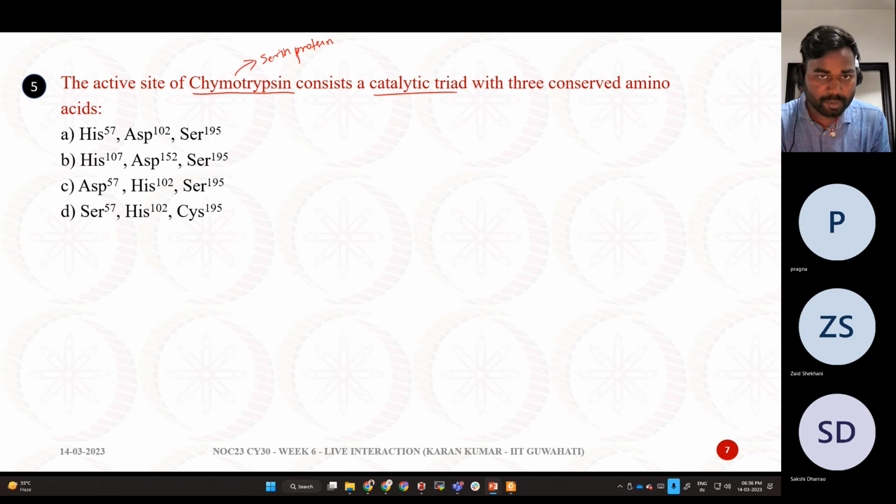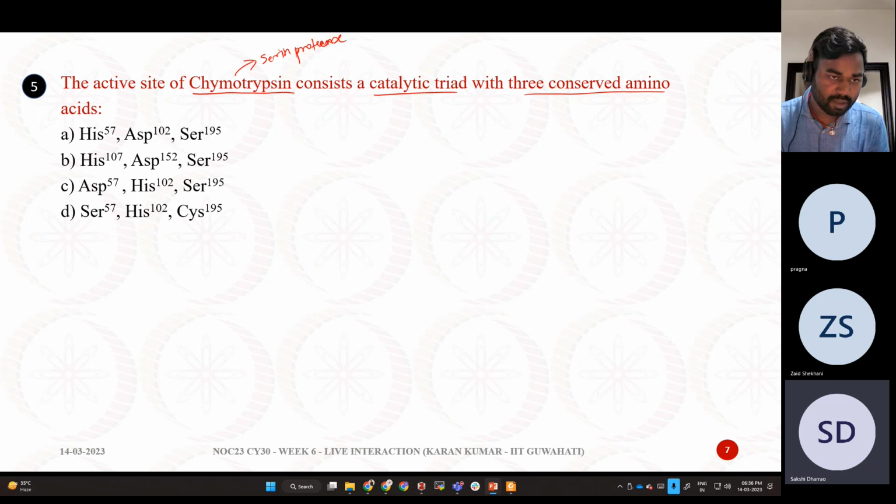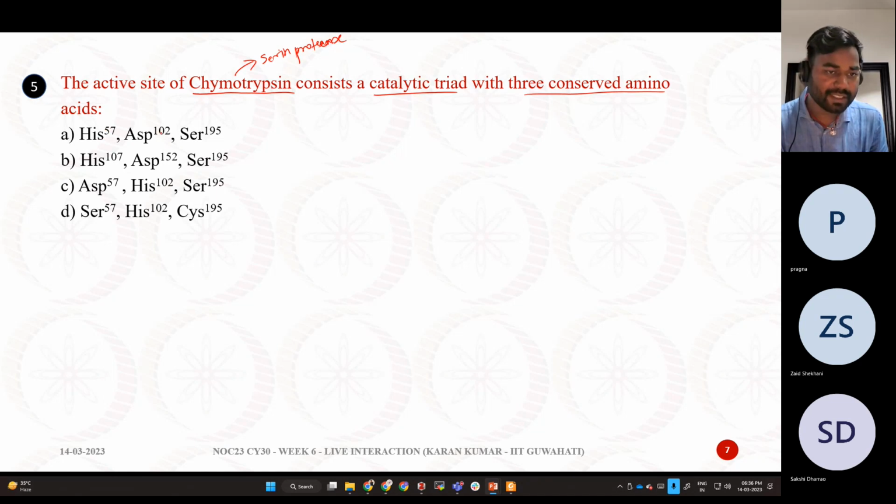In its catalytic triad, which are the three conserved amino acid residues? Histidine, aspartic acid, and serine. Histidine at position 57, aspartic acid at position 102, and serine at position 195. Very good.